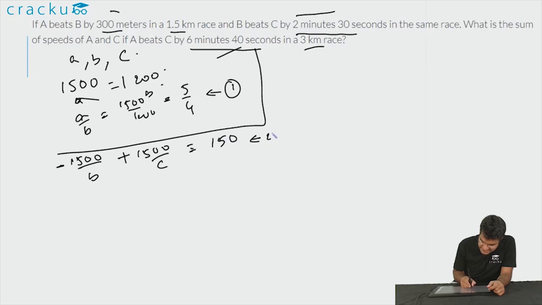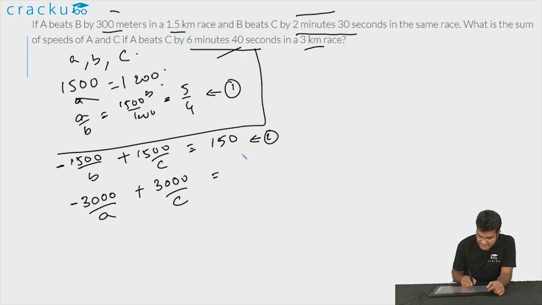This is the second equation. In the third equation, we are given the relationship between the speeds of A and C in a 3 kilometer race. A takes 3000 by a seconds for the 3 kilometer race, and C takes 3000 by c. C takes more time, so this difference equals 6 minutes and 40 seconds, which is 400 seconds.